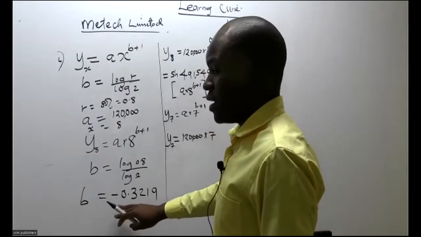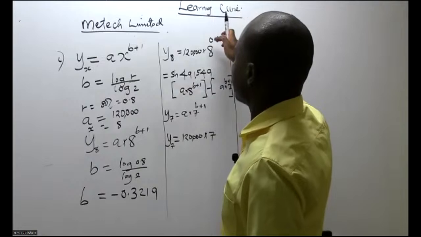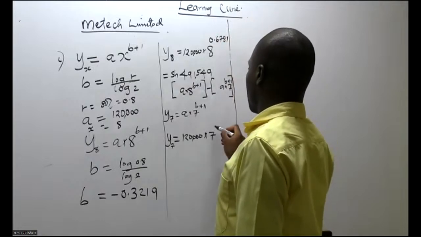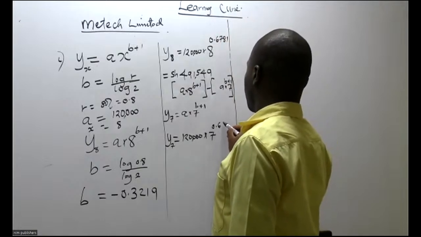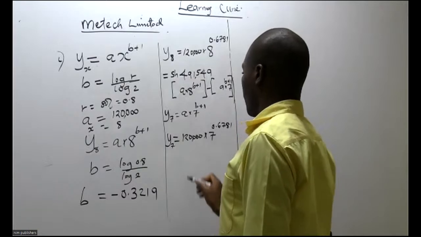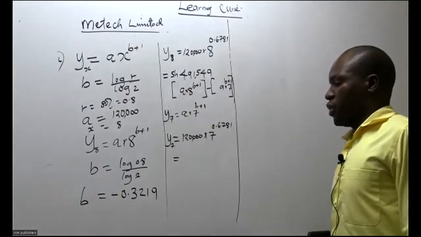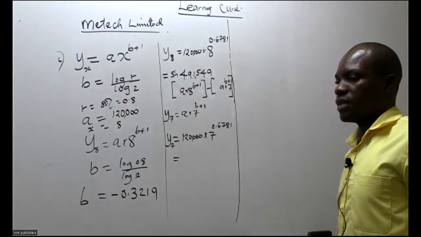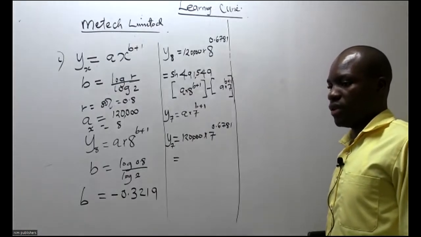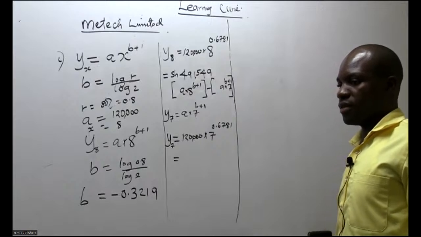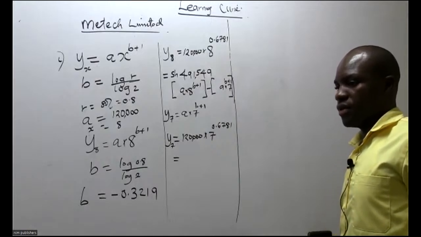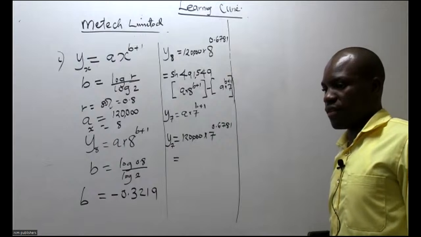Your b is this one here, plus 1 is giving us what is up there. So raised to power 0.6781. Then somebody should be able to give me the total for the first 7 batches.